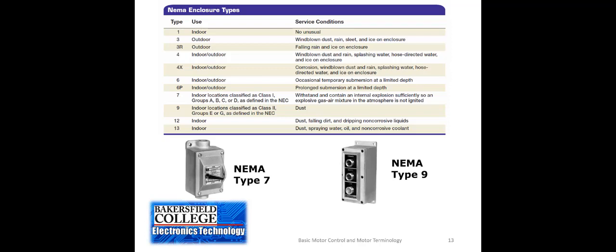So a NEMA type 1 is used in an indoor application where you're not expecting dust or vapors or liquids to get on it, because they don't really have a lot of protection from the outside elements. They're basically just enclosing the circuitry so people can't get their fingers in where they're not supposed to be.